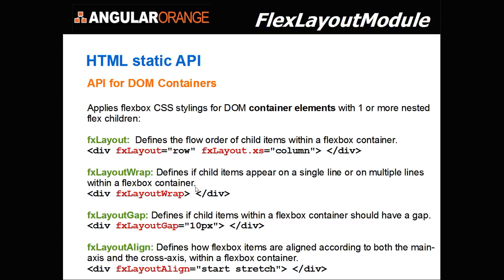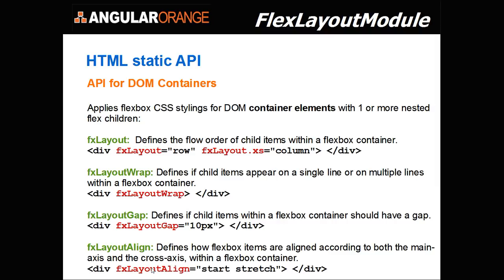And then you could have a flex layout wrap, which defines if child items appear on a single line or on multiple lines. So it defines whether they wrap. And then you have this FX layout gap, which defines if child elements within a Flexbox container should have a gap. You could define that to be a certain number of pixels. And you have an FX layout align, which defines how Flexbox items are aligned according to both the main axis and the cross axis within the Flexbox container.